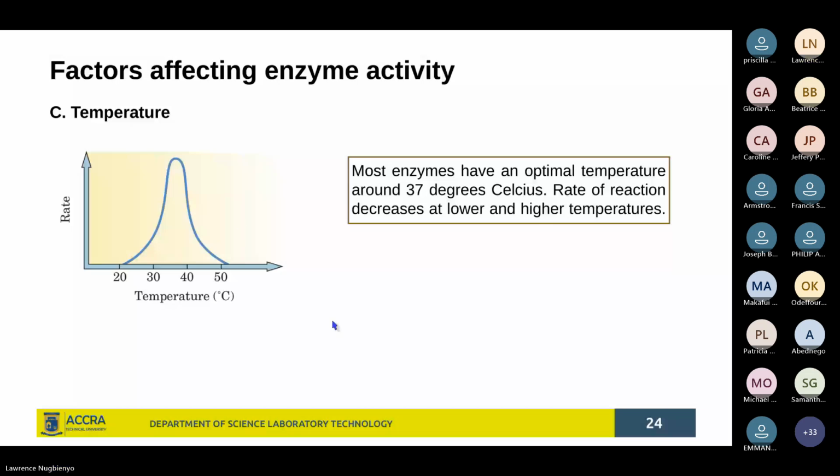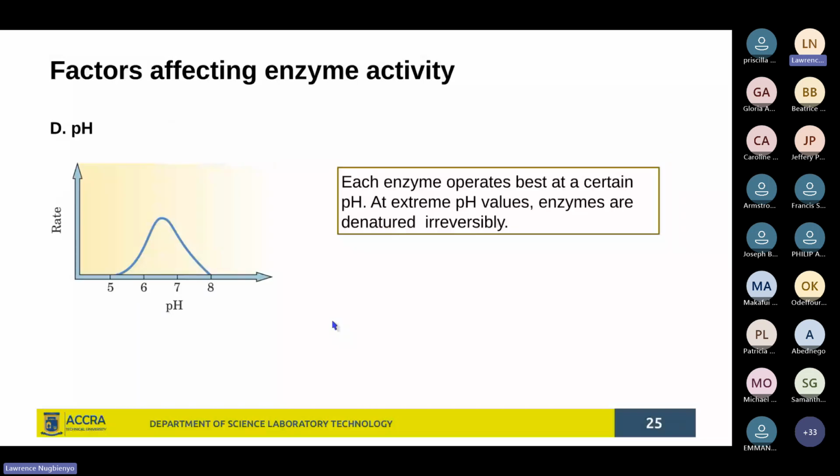Now, how about pH? So here too, you see that the relationship of pH to the rate of an enzymatic reaction that an enzyme is catalyzing looks very much like that of temperature.